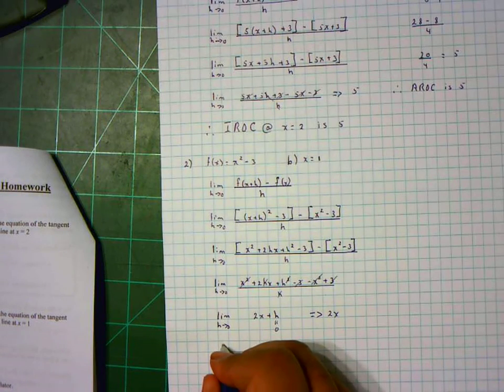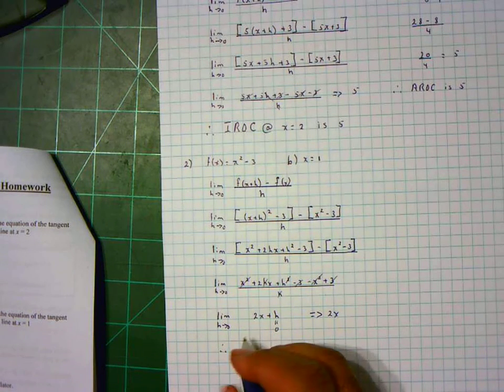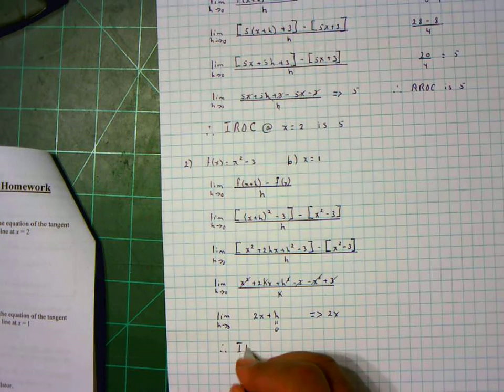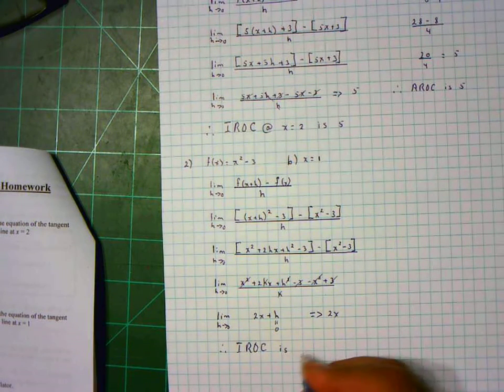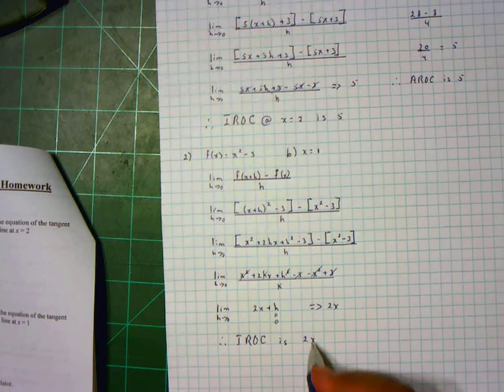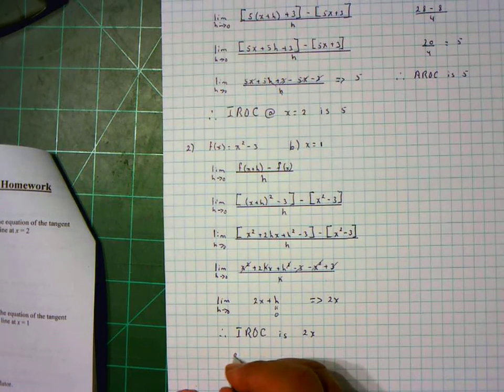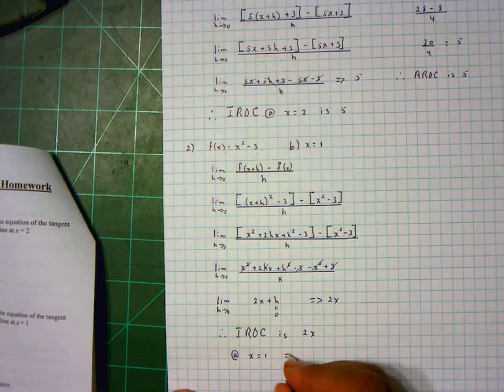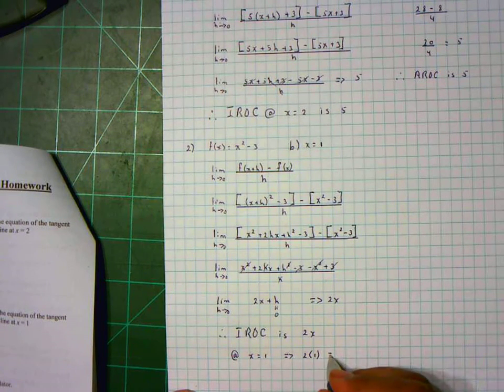So therefore, the instantaneous rate of change is 2x. But I need to know what it is at 1, so I'm going to replace this with 1 at x equals 1. That implies 2 times 1, which is 2.